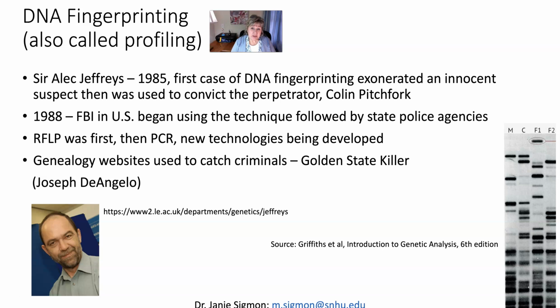But the genealogy website was used to track DNA that was a close match to his, and they finally narrowed it down to him, found his DNA, collected it, ran it, and he was a match for the evidence. He's over 70 now, so he's not going to be in jail for long, but justice will be served in this case because he will go to trial if he's still alive.